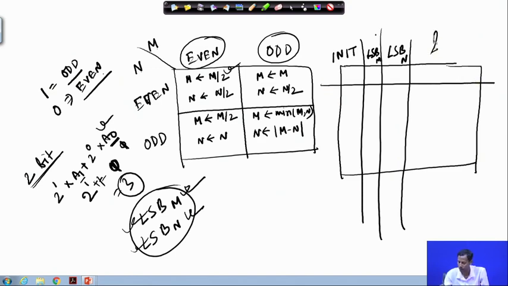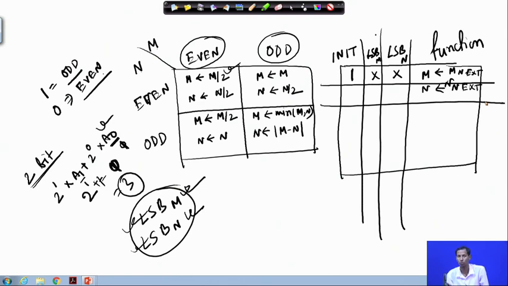Now, this is a function. Initially, whenever I have to initialize, at that time m will be loaded to m next and n will be loaded to n next. So, this is for the 1 cross 1 case.